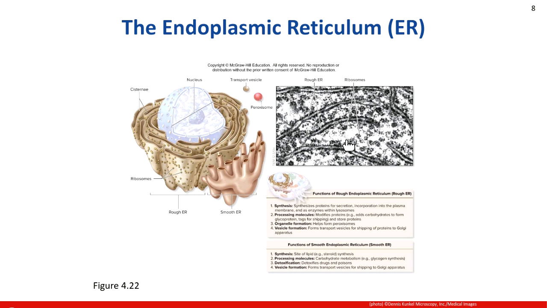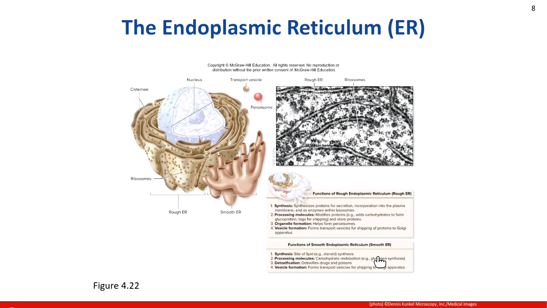At the same time, it's going to modify certain proteins. We've got our glycoproteins, which are highly prevalent in ground substance. For example, you can make a glycoprotein simply by adding a carbohydrate group to a protein. It also stores some of our proteins there.